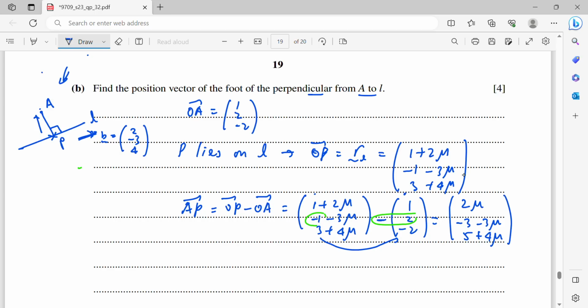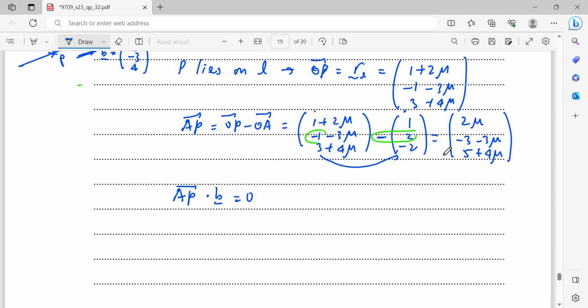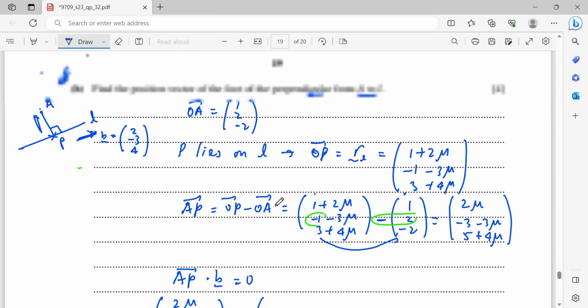Now, based on the diagram here, vector AP is perpendicular to vector B. So now AP dot B equals to 0. So I will get 2 mu, minus 3 minus 3 mu, 5 plus 4 mu, dot the B. The B is 2, minus 3, 4.